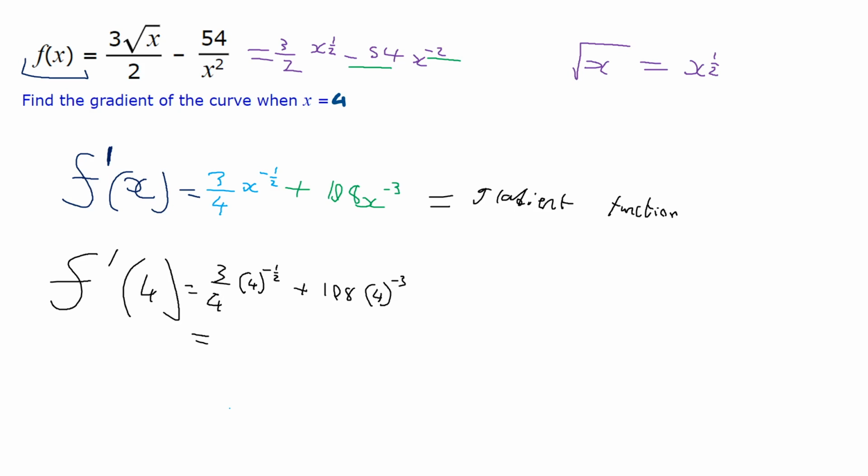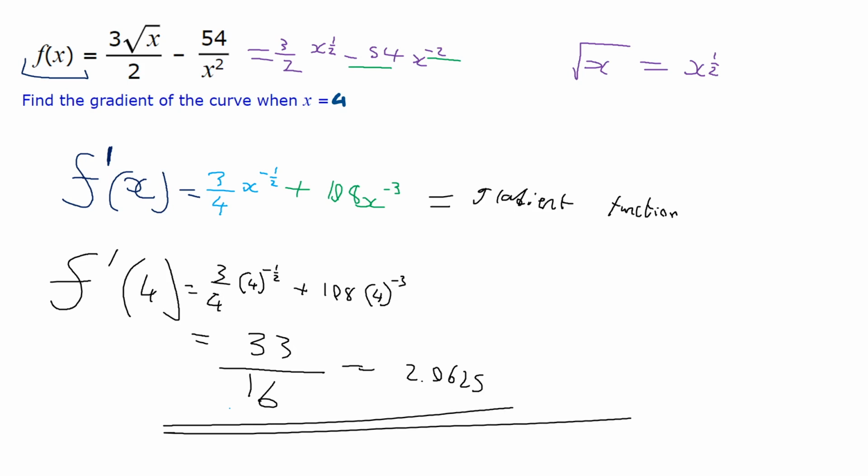And when we plug all of that into our calculators, we should get an answer of 33 over 16, which is equal to 2.0625. And that is the final answer for the gradient of the curve when x is equal to 4.